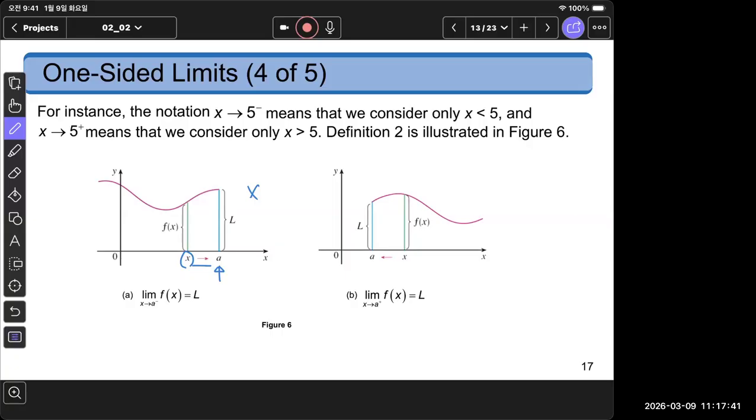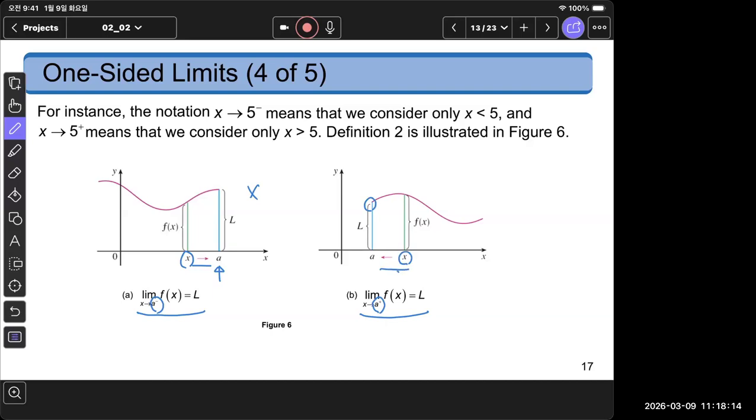If the graph of the function approaches a certain number, say L, as you do this, then we use this notation with a with the minus sign. In a similar way, we use the notation with the plus sign if the values of f of x approach the value L as x approaches a from the right.